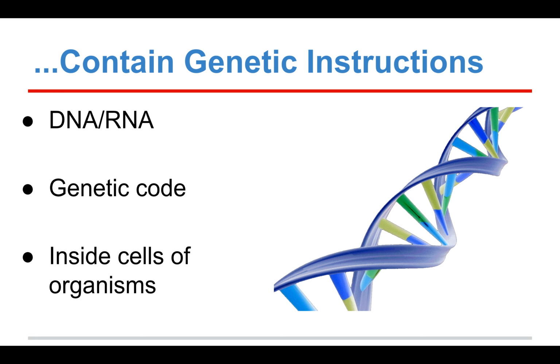All right, guys, so we're going to continue on. All living things contain genetic instructions, and you probably have heard something about this. When we talk about this, we talk about DNA and RNA, and how those are genetic codes and how that code in our body is found inside of our cells, and it makes us who we are.